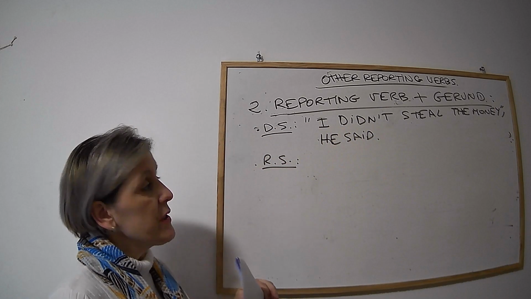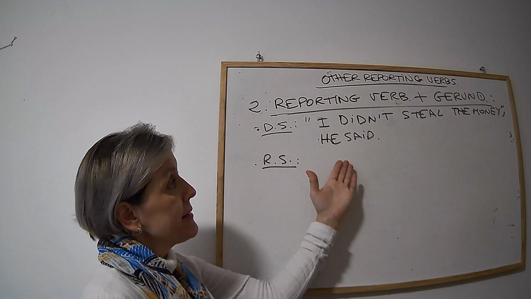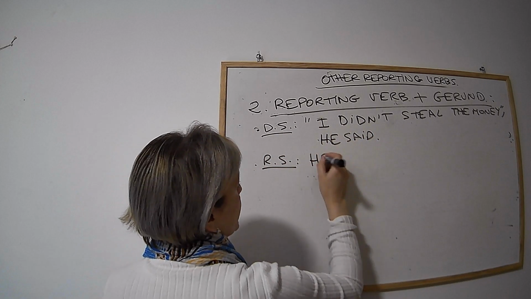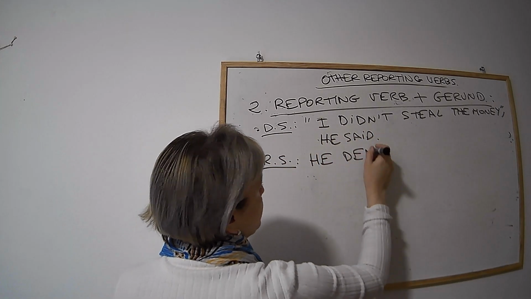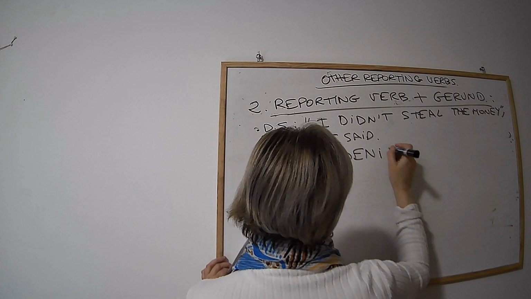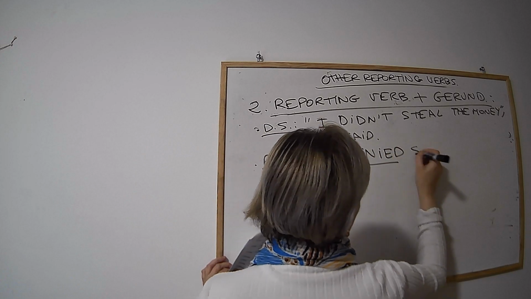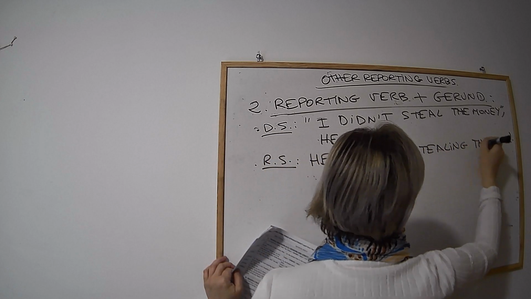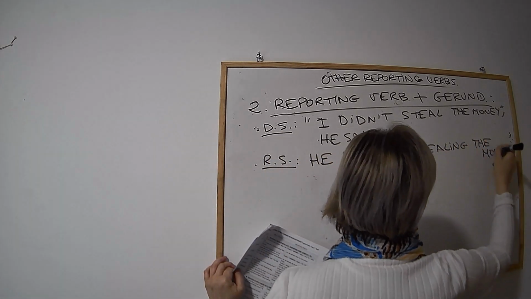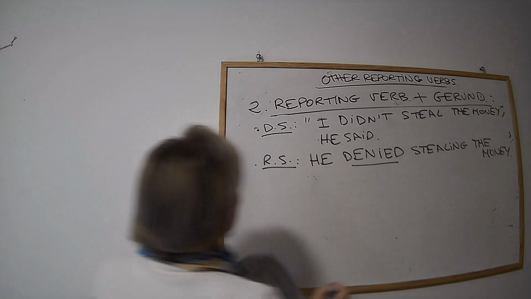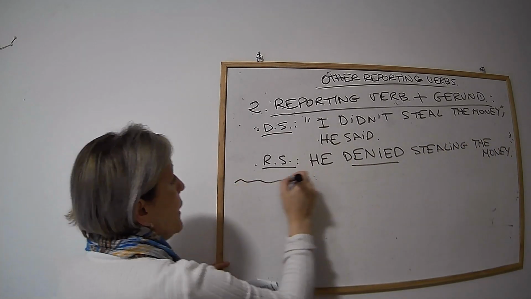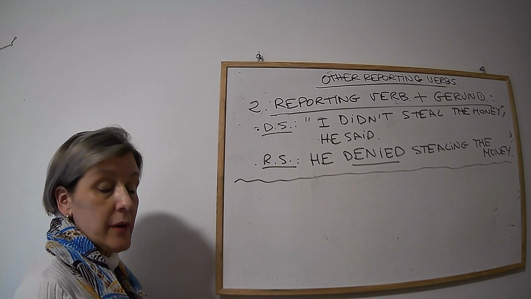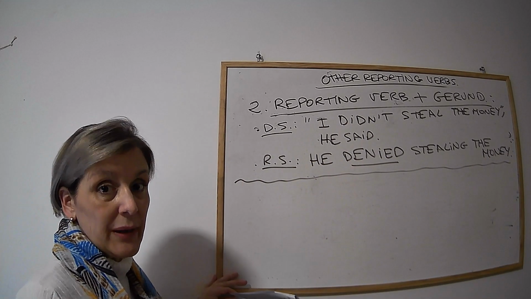And in reported speech, he didn't steal, he is denying stealing the money. He denied. Okay, and another introductory verb is for to say sorry, para disculpas.